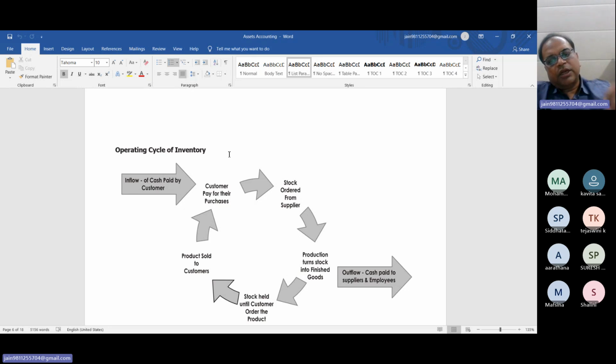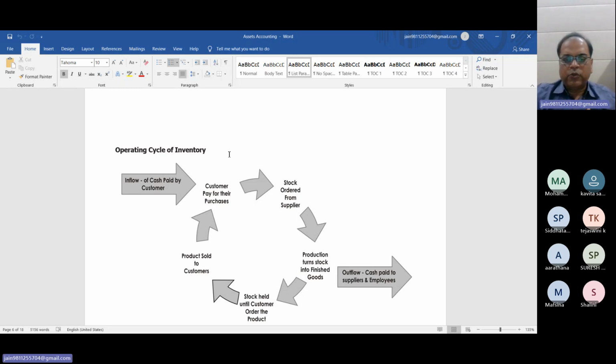Now the raw material is converted into WIP, WIP converted into finished goods. Now the finished goods are sold by the company. Whenever you sell the finished goods, a debtor arises. Then after receiving payment from the debtor, we are able to repay the money to the creditor. So this is called the operating cycle of inventory.